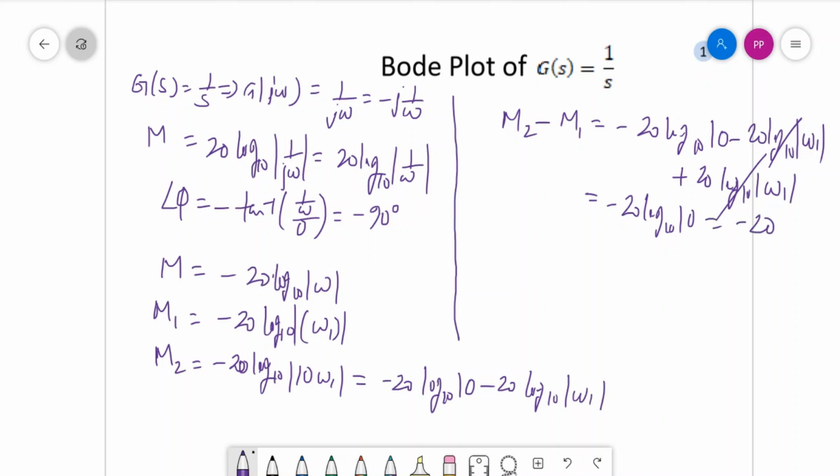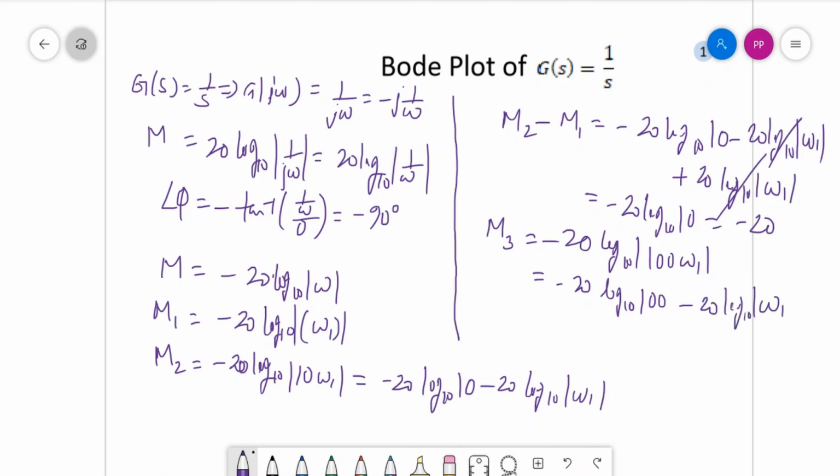Again I take another magnitude, M3, at the next decade: minus 20 log base 10 modulus of 100 omega 1. So this one becomes equal to minus 20 log base 10 of 100 minus 20 log base 10 modulus of omega 1.